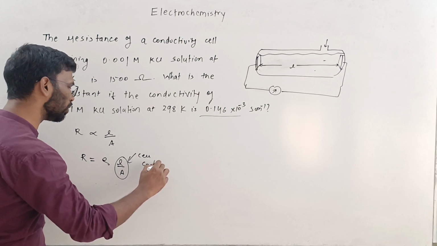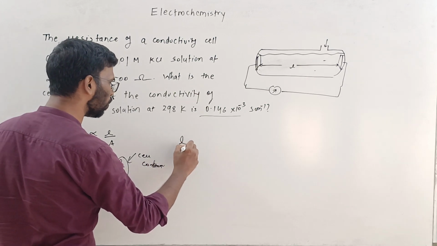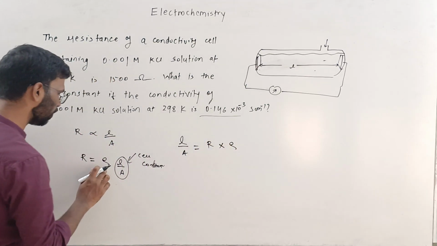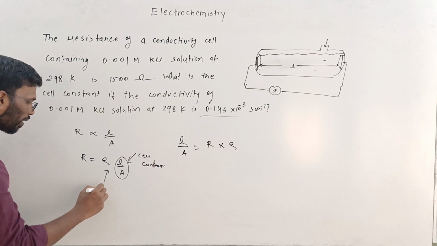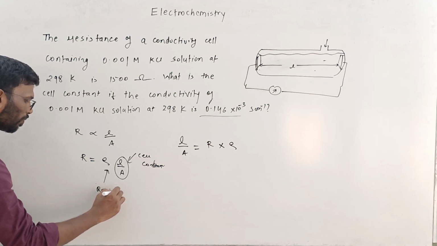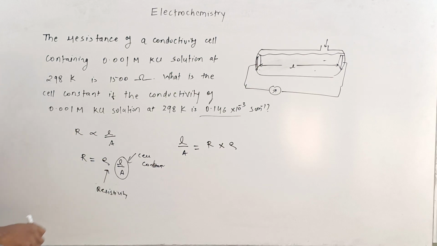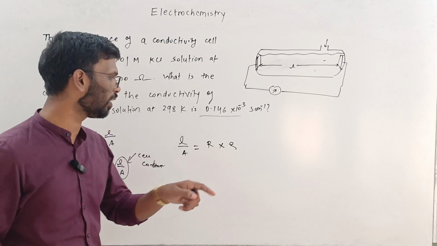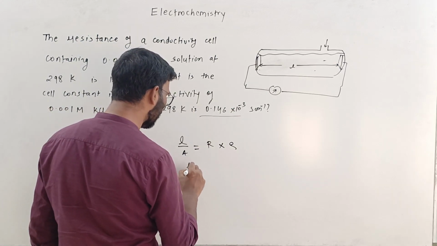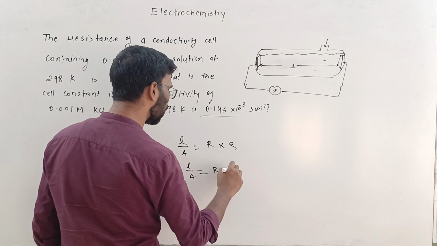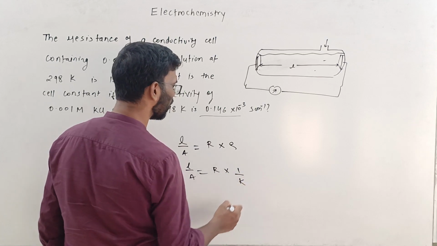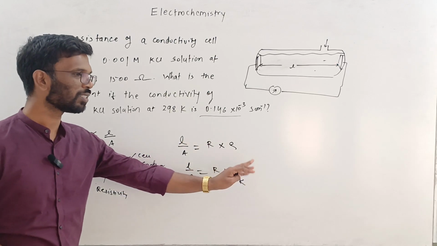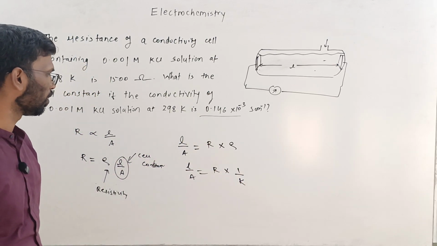So L by A will be equal to resistance divided by resistivity. Is resistivity given? No. The opposite of the resistivity is conductivity, so it could be written as the inverse.